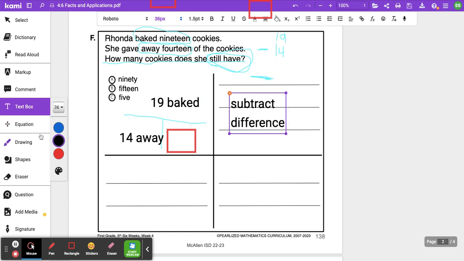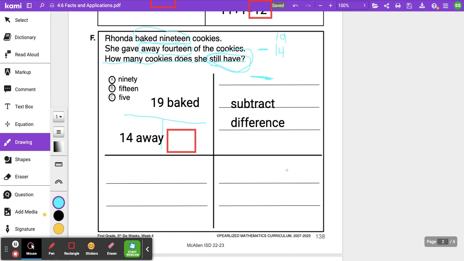This box here, we're actually going to solve it. We want to put our equation. So we're going to say 19, that's the number of cookies she baked, and she gave away 14. Look at how I lined up my ones and my tens, so that when it comes time to subtract, I can look at the ones place first. 9 minus 4, 9 ones minus 4 ones is 5.